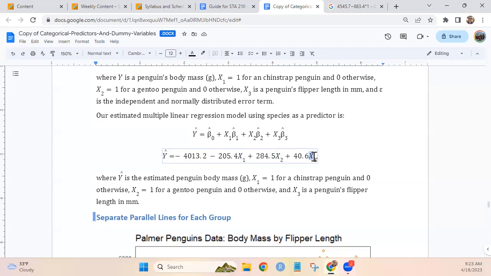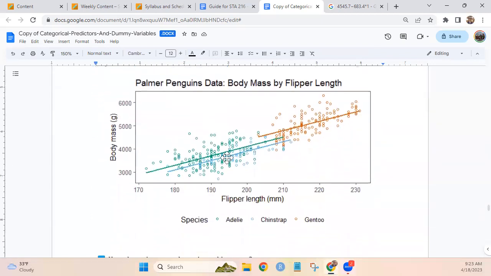This being 0 means it has no flippers. So it's an Adelie penguin with no flippers. Or penguin. So it doesn't make sense because it's extrapolation. If we look at the data here with the Adelie penguins, all of them had flippers. So that's outside the scope of the data set.